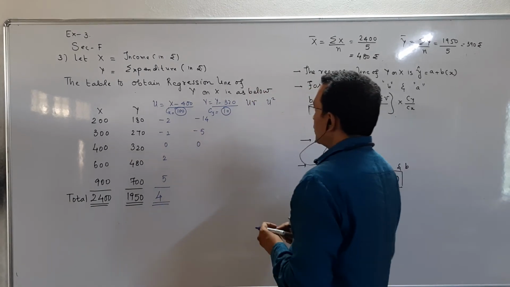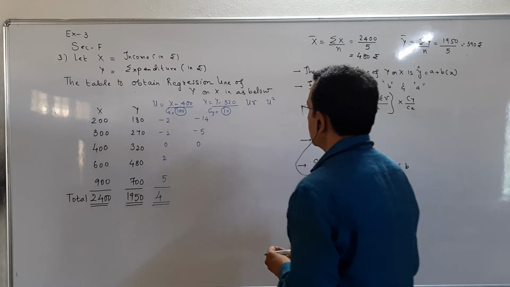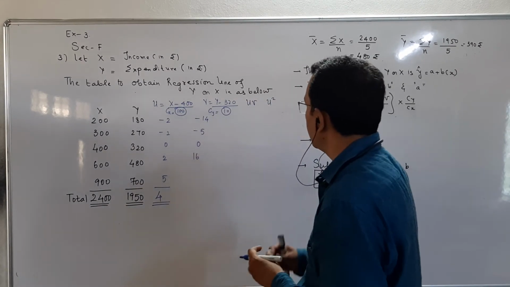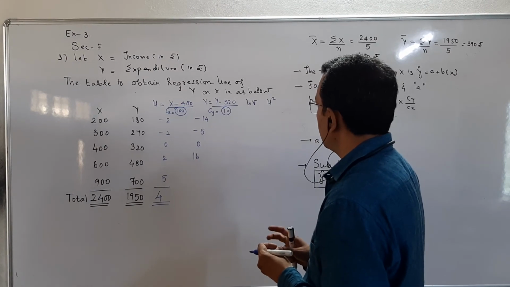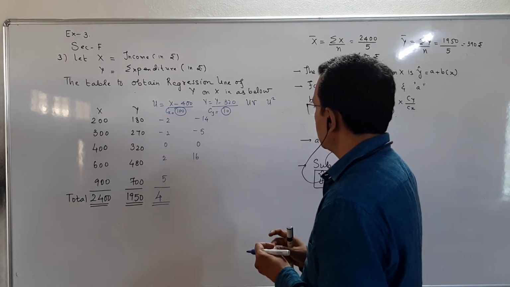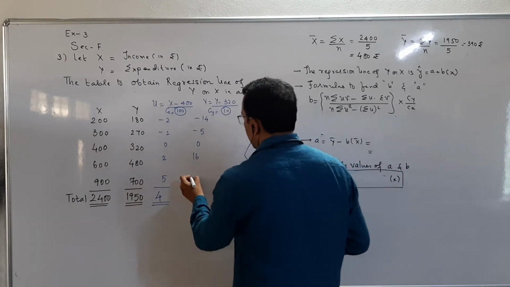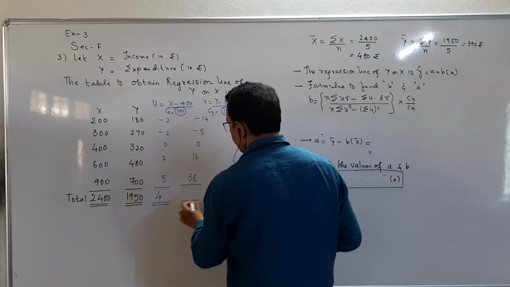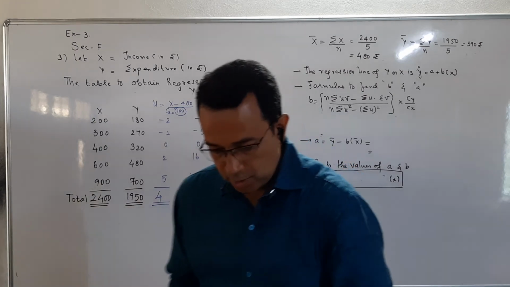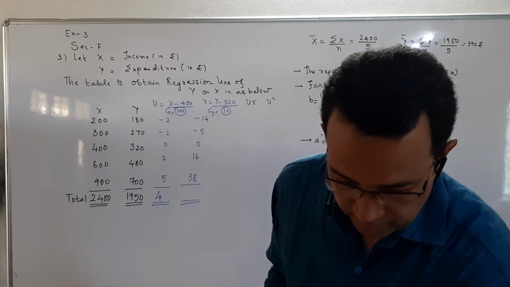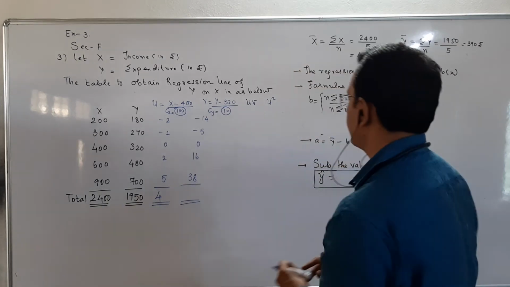Then 0. 480 minus 320 is 160 divided by 10, so 16. And 700 minus 320 will be 380, divided by 10, so 38. If I total this, the total comes out to be 35.